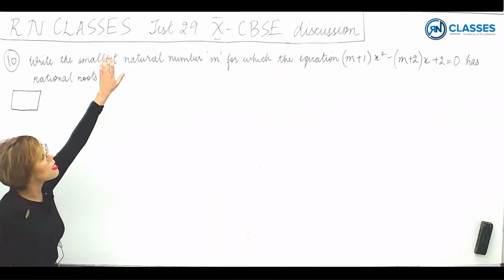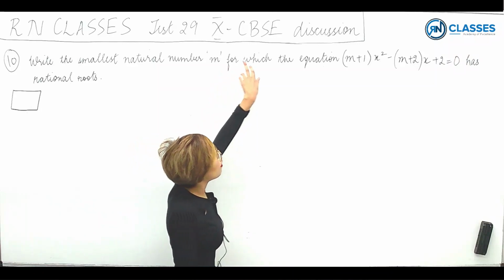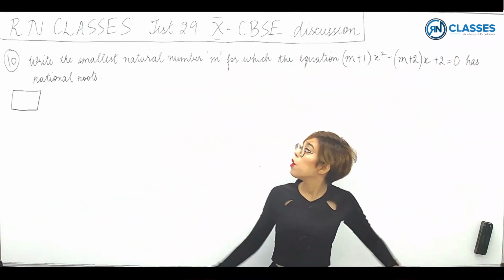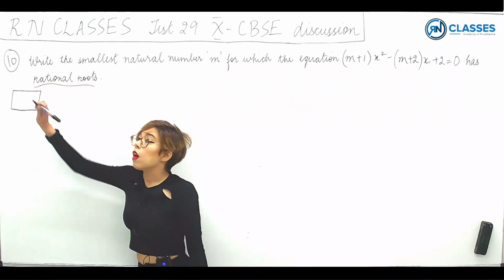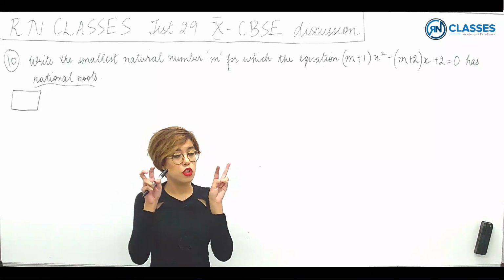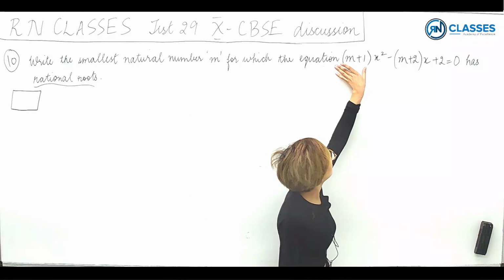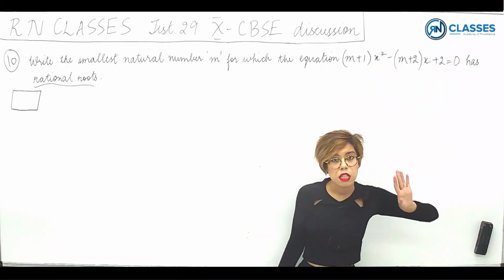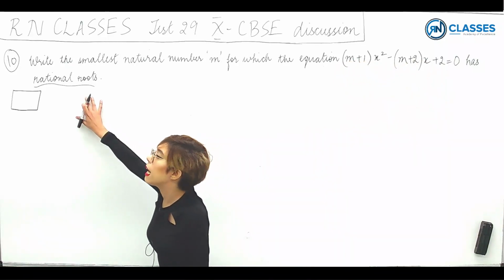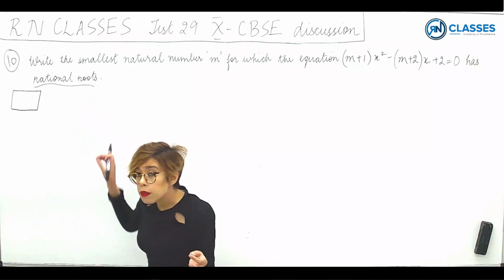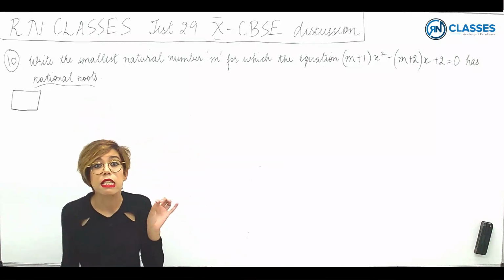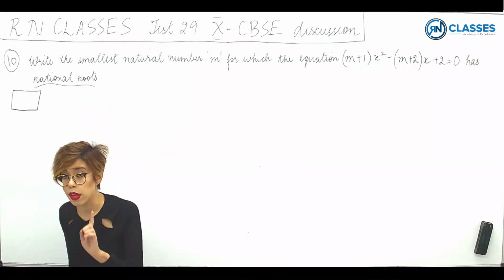Alright, so the next one. Write the smallest natural number m for which the equation has rational roots. Now, condition is on rational roots. First check whether the coefficients are rational numbers or not. Definitely rational, rational, rational. And I need to check whether it has rational roots or not. So that means I need to check whether discriminant is a perfect square or not.